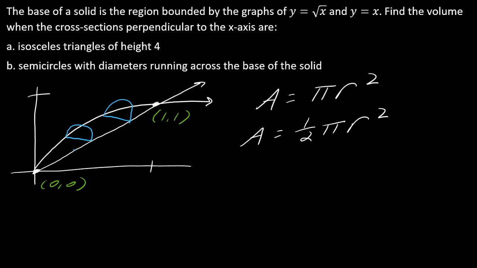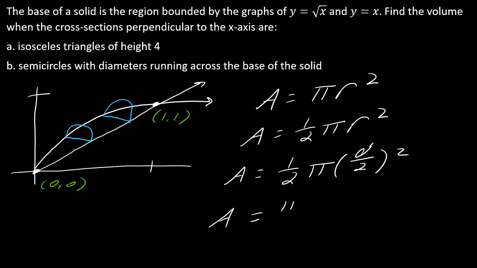Everything is in terms of the diameter, so I just need to switch the calculation now to be 1/2 pi (d over 2) squared. So that's going to simplify to pi d squared over 4. 4 times 2 is 8, so we have an 8 in the denominator.